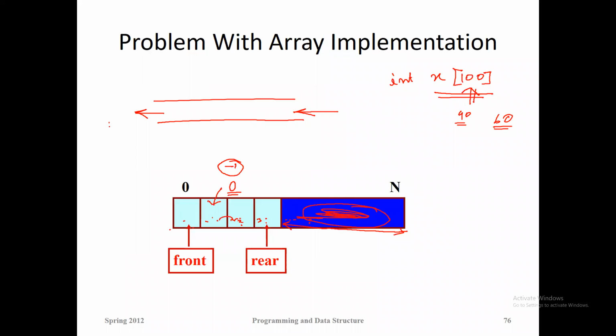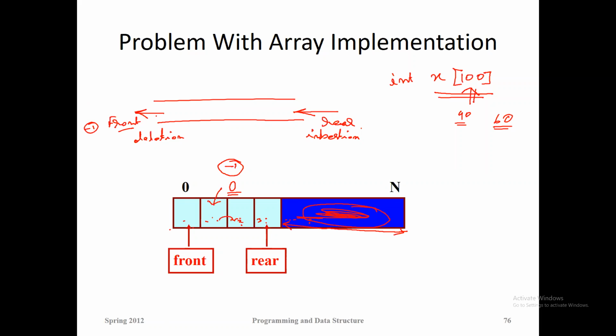So this is my front, this is my rear. Deletion will be from here and insertion from here. At the beginning, both the front and rear are null, that means no element.